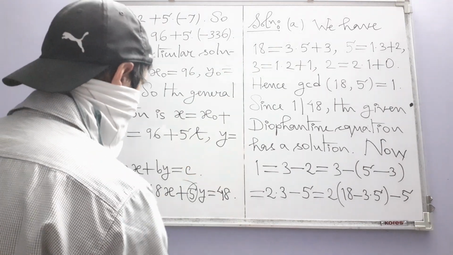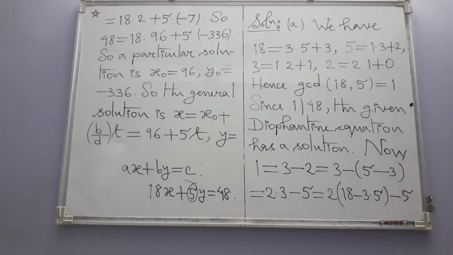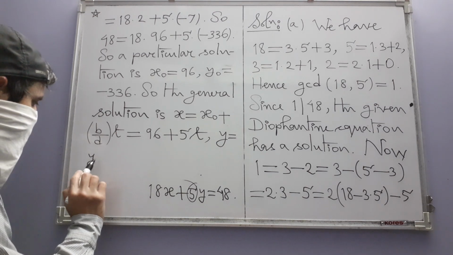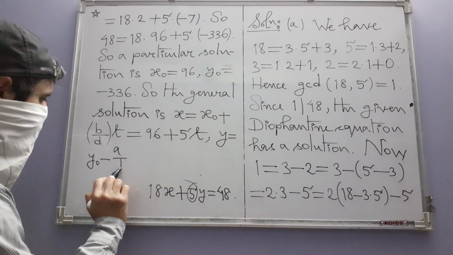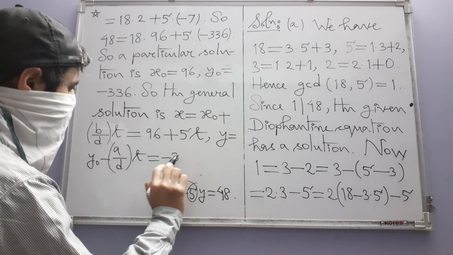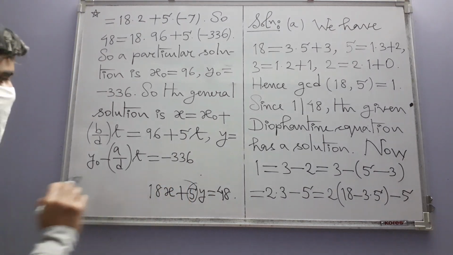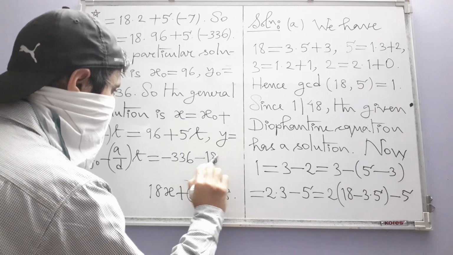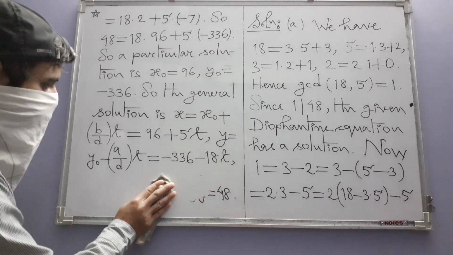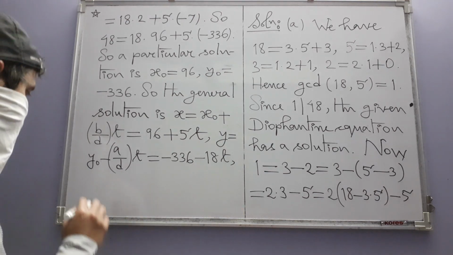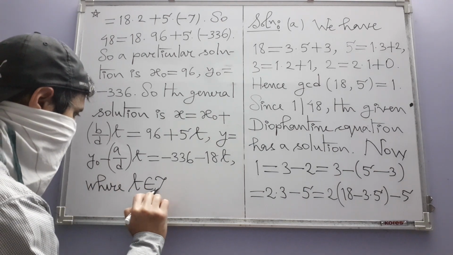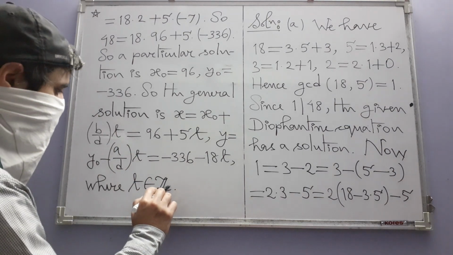Similarly, y is equal to y naught minus a divided by d times t. y naught is minus 336, a is 18, d is 1, where t is any integer. t freely varies over the set of integers.